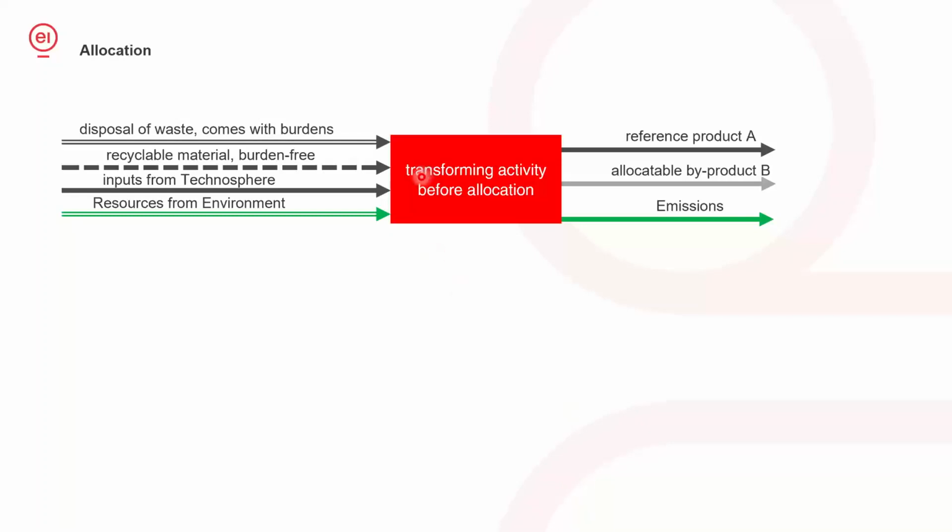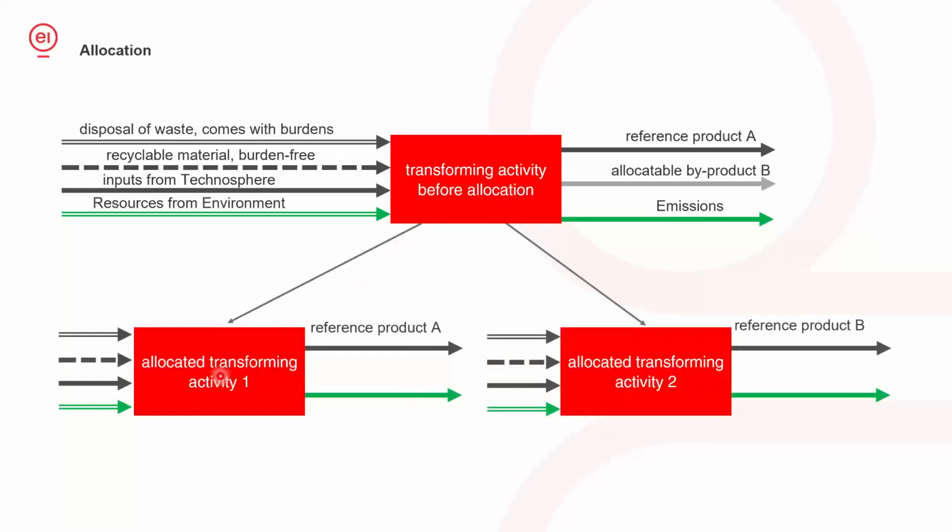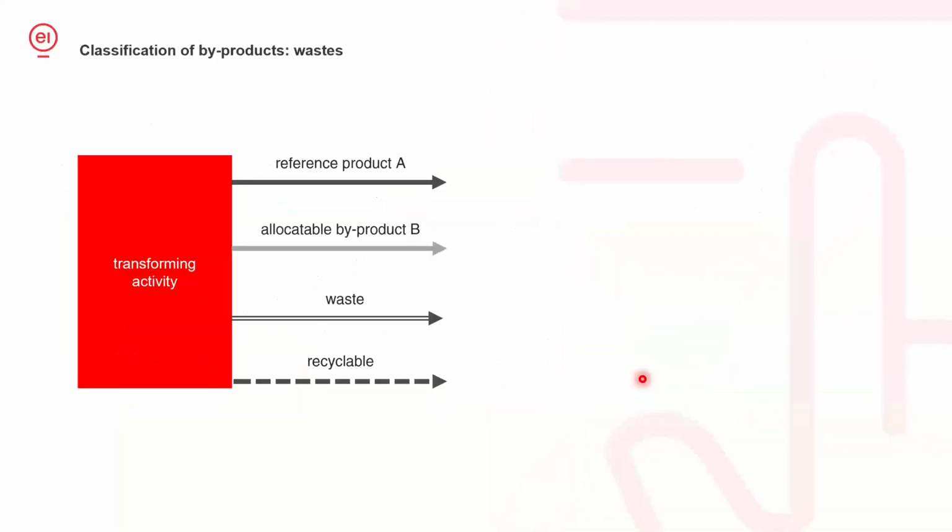In this case, we have a transforming activity with a reference product and an allocatable byproduct. Since we always need to implement the linking and get single output activities, in the cutoff we have allocation and we have two single output activities. This happens when we have allocatable byproducts.